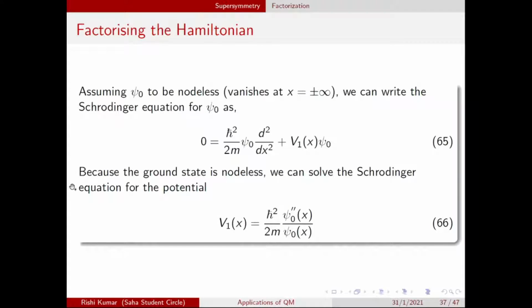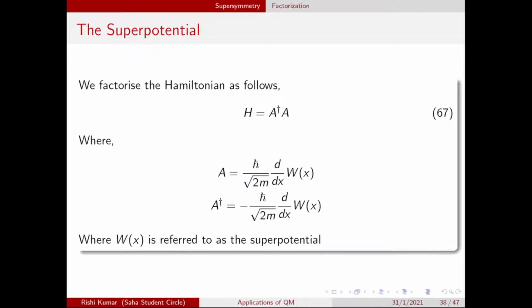Because our ground state is nodeless, we can solve the Schrodinger equation for the potential: V1(x) equals h bar squared by 2m times psi naught''(x) by psi naught(x). So you can see where the simplification in all of this is. Coming up, we can now factorize the Hamiltonian as follows.